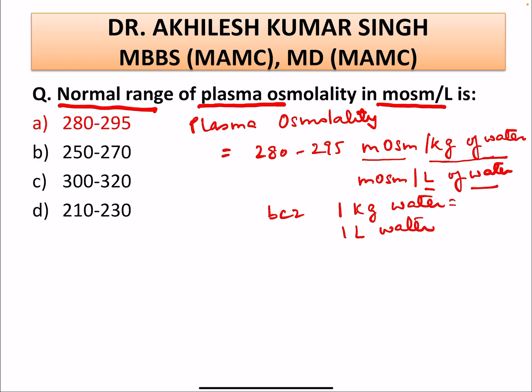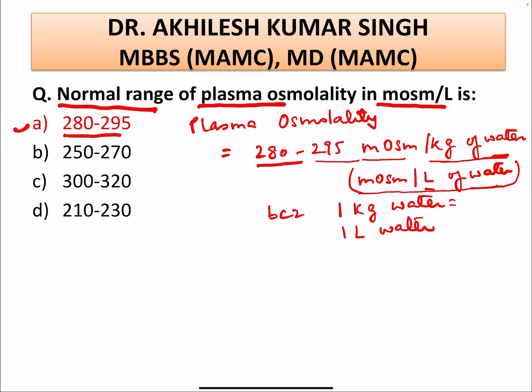Therefore, the normal range of the plasma osmolality will be 280 to 295 milliosmoles per kg of water, or milliosmoles per liter of water. Now let us look at the options here. Option A is 280 to 295 milliosmoles per liter. So this is the correct answer here.